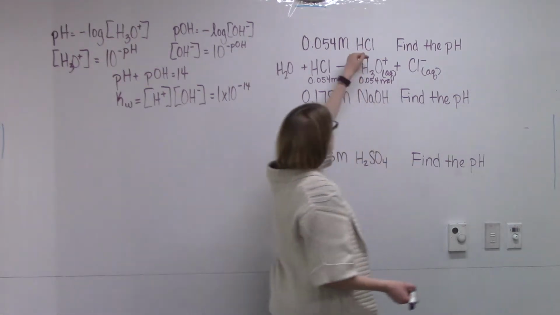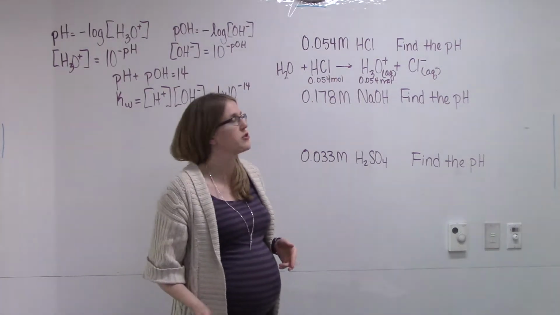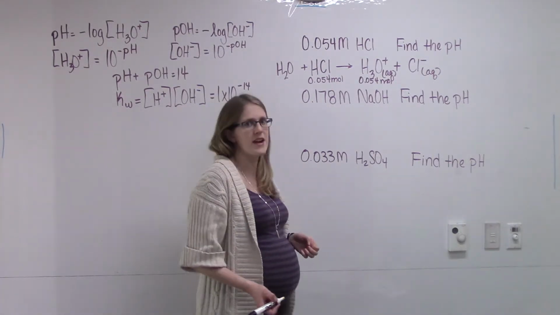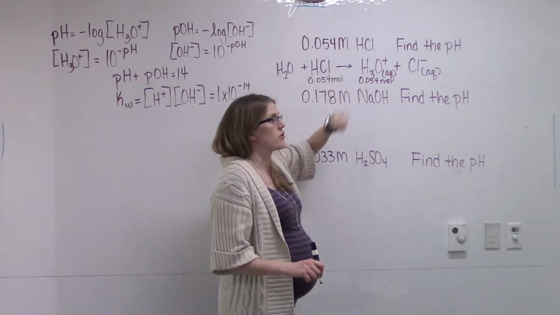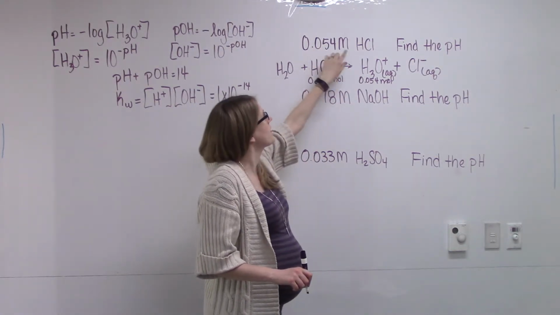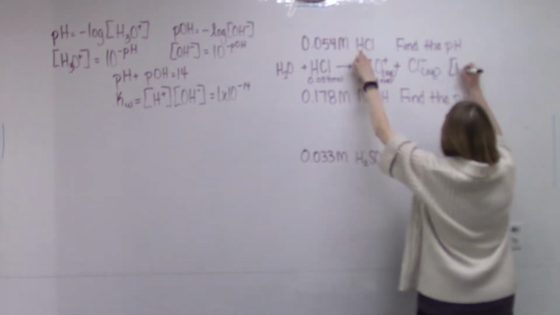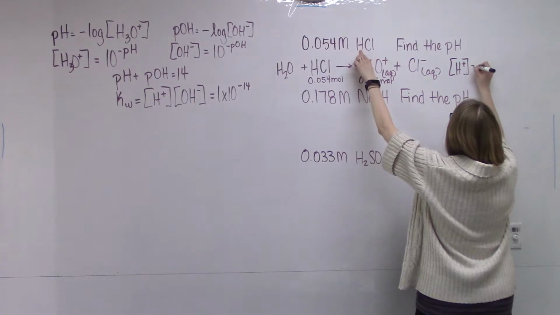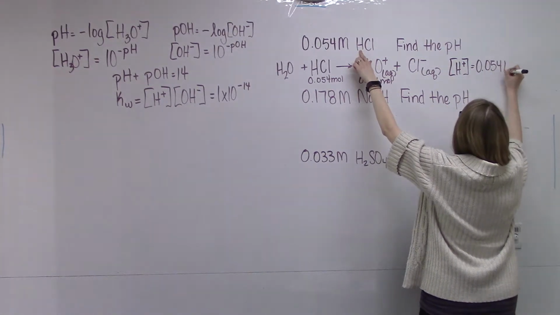So what you need to do, look, is this a strong acid? It is. I'm going to give you strong acid examples. Honors, you're going to have a couple weak acid examples, but I feel like you can handle it. But for the most part, I'm going to give you strong acids. That will be the concentration of H+. So the concentration of H+, or H3O+, equals 0.054 molar.